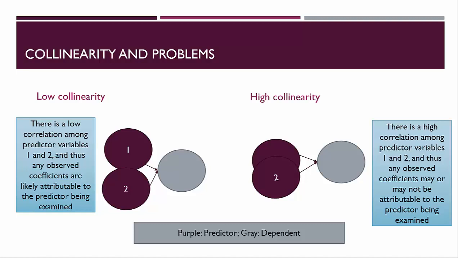And so relative importance analysis is a really helpful means of performing a supplemental analysis so that you can better infer which predictor variables are explaining the variance.